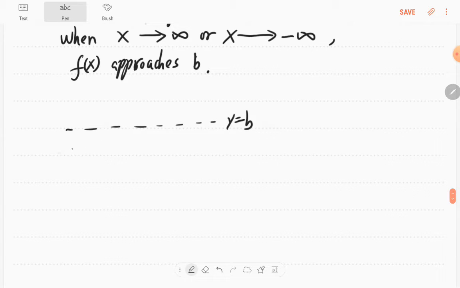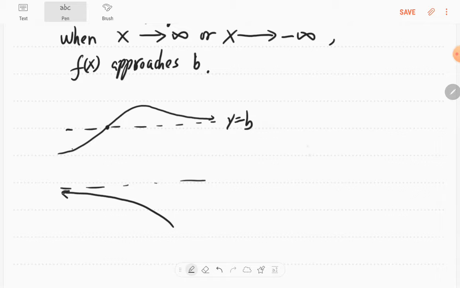It can intersect somewhere, okay? But when x is very, very large, it will be very close to b. When x is very small, it will approach this number too. So the graph can intersect the horizontal asymptote, but remember, it should be close to this number when x is very big and when x is very small.